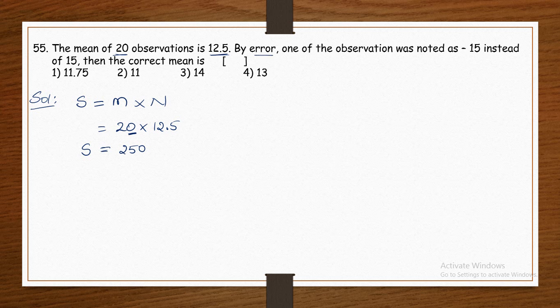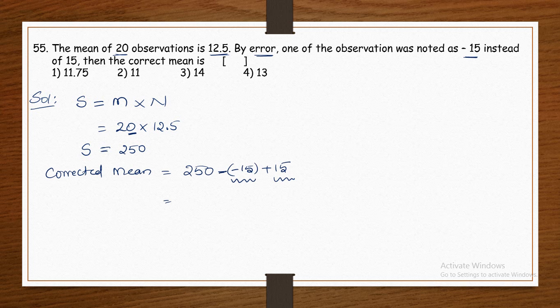But here an error has occurred and minus 15 was noted instead of plus 15, right? So for that, what should we do? We need to correct the mean. So for the corrected mean, from the given sum we need to subtract the wrong one and add the correct one.